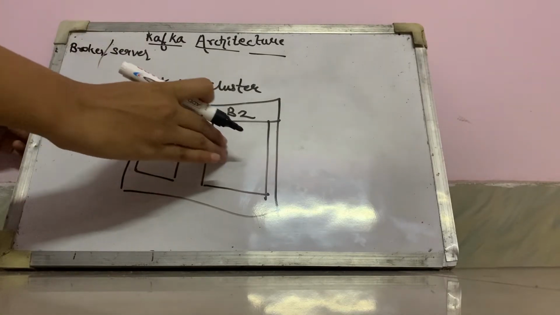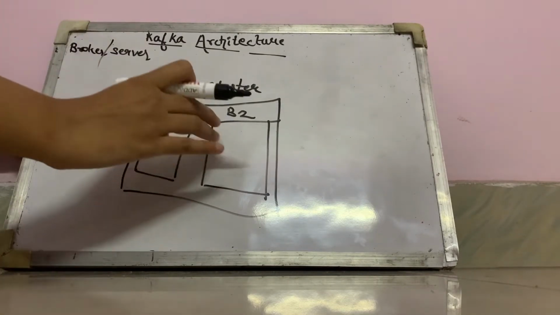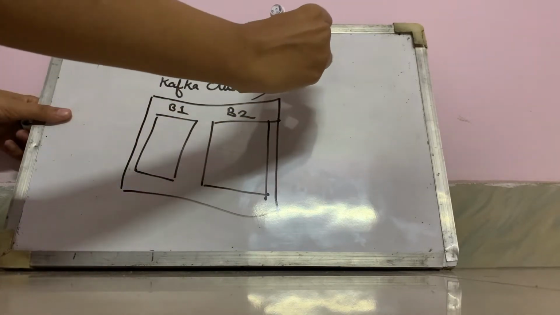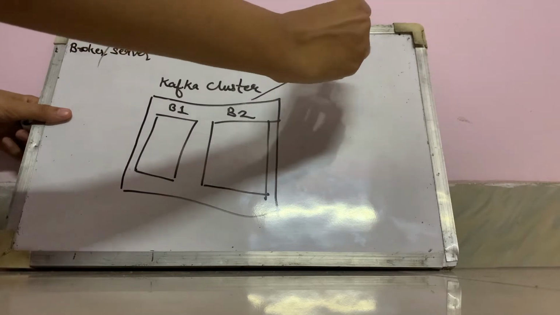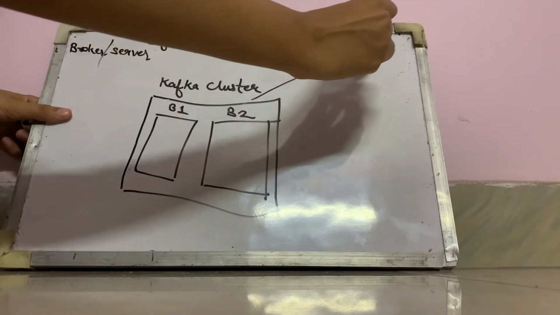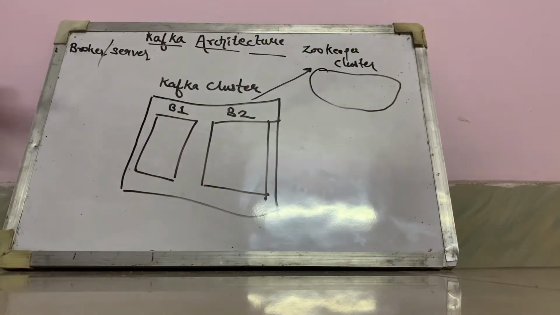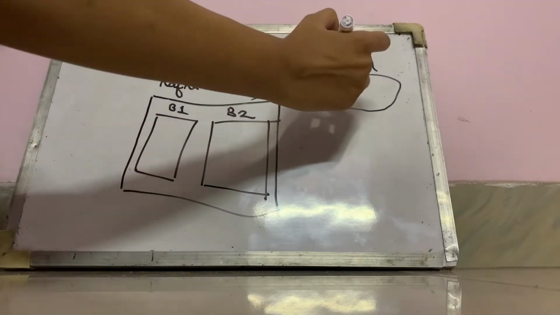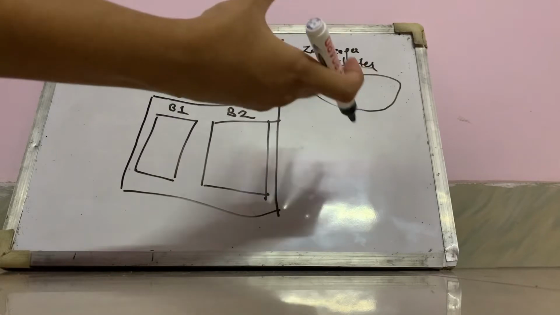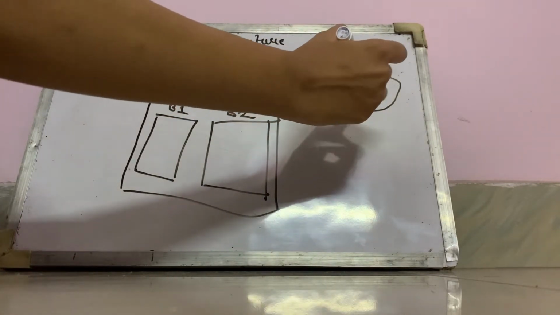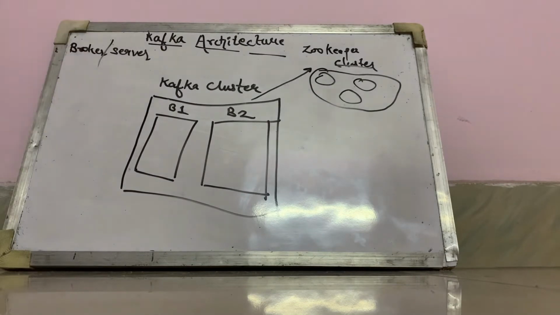These brokers are stateless. Since they are stateless, they are maintained by a Zookeeper cluster. This is also a cluster, so it must have a group of Zookeeper nodes. And what is Zookeeper?